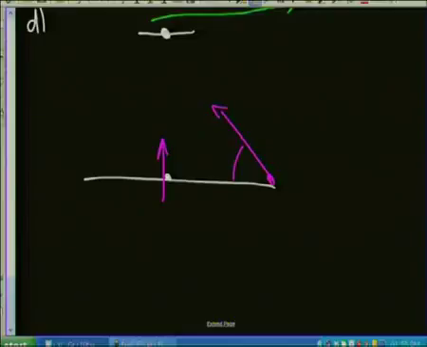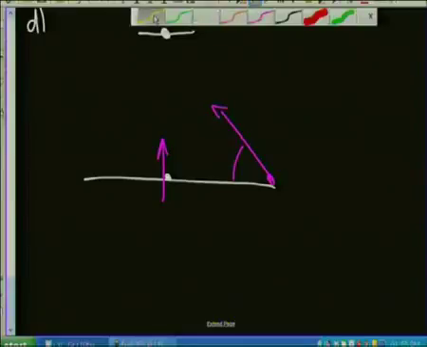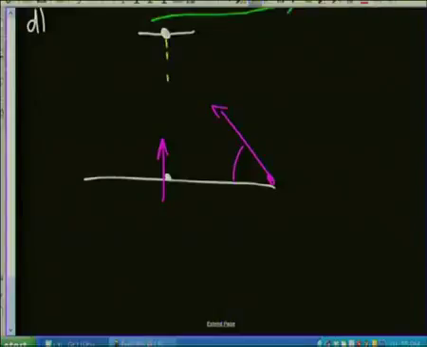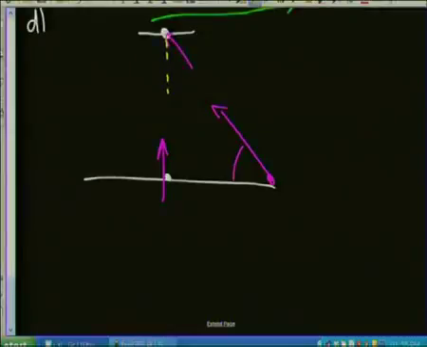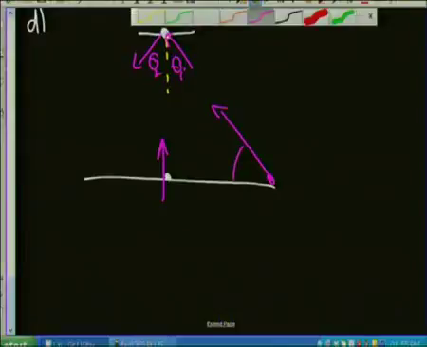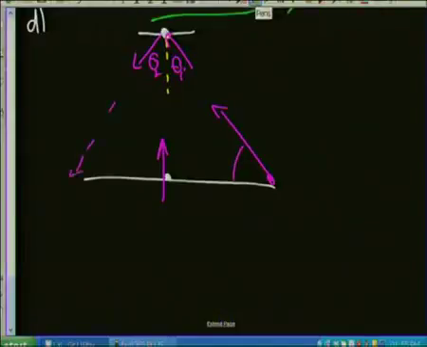So wherever it strikes the mirror, then we recognize that we could have a normal to that mirror. The beam of light will strike the mirror, and whatever the angle of incidence is, then the angle of reflection is going to be the same. And that's the angle of reflection there. This means that the beam of light will then travel somewhere down here. It won't come back to the same position.